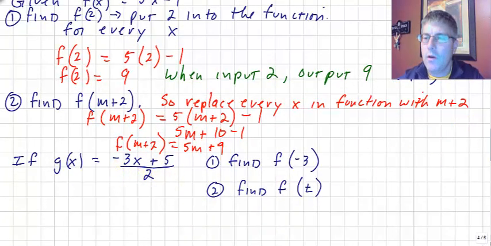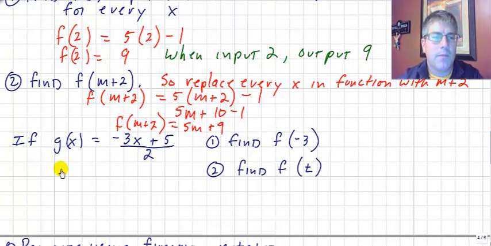Let's continue on with a new sample problem. If g of x equals negative 3x plus 5 divided by 2, our function now is g. The g function is we take our input, we multiply it by negative 3, add 5, and divide it by 2. That's what this function does to our input x.